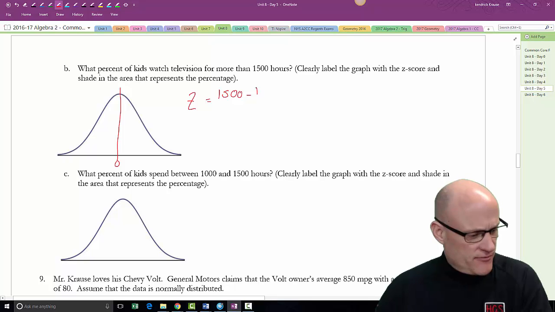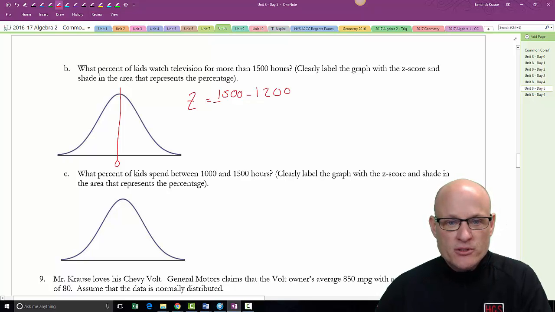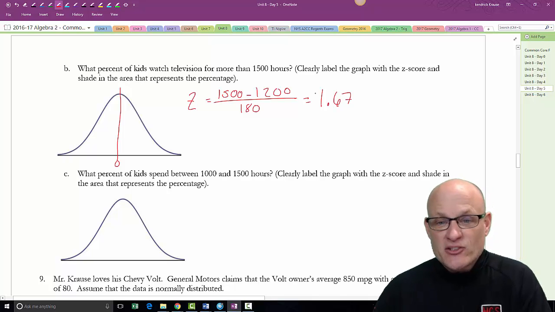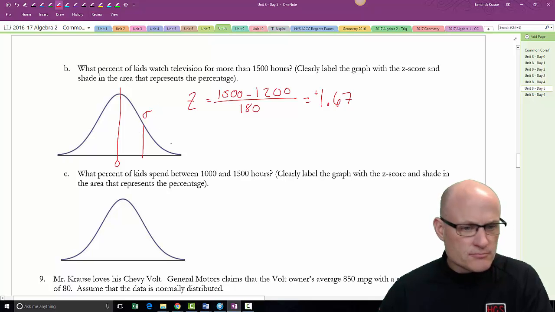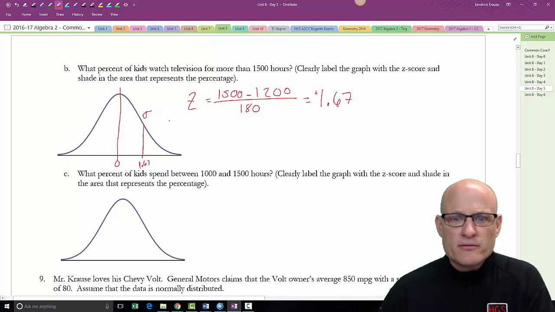We're going to subtract off 1,200, which was the mu, and divide by our population standard deviation, which is 180, and we're going to find out that this is 1.67 standard deviations. Now this is positive, so we want over here, sigma, and we're going to go 1.67 standard deviations above. So we want more than, so we want this tail.